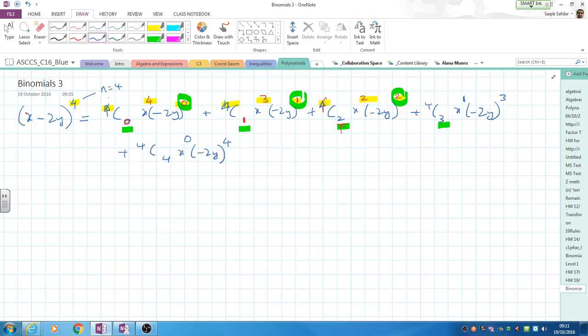Okay, and then we can tidy that up. We know 4C0 is going to be what? In Pascal's triangle, the first number is always what? 1. Okay, so 1 times x to the 4, minus 2y to the power of 0 is what? Anything to the power of 0 is what? 1, good.